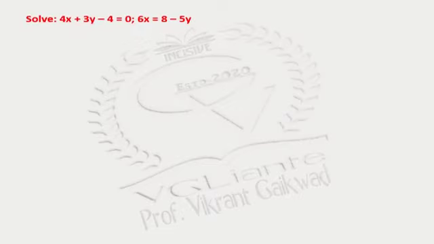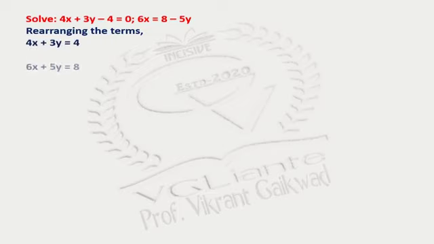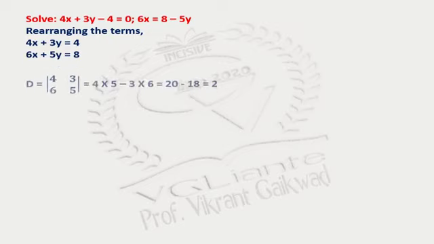Solve 4x plus 3y minus 4 equals 0 and 6x equals 8 minus 5y. You need to rearrange the terms. Rearranging the terms, 4x plus 3y equals 4 and 6x plus 5y equals 8. If you arrange both the equations, then you'll find the value of the determinant.